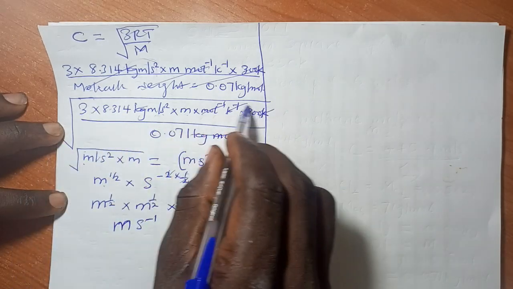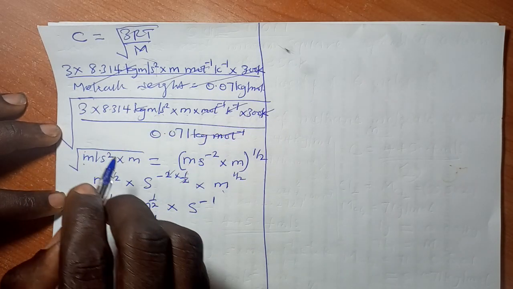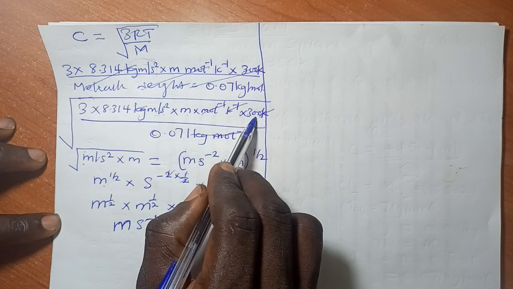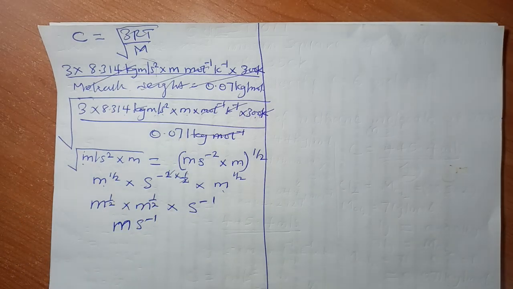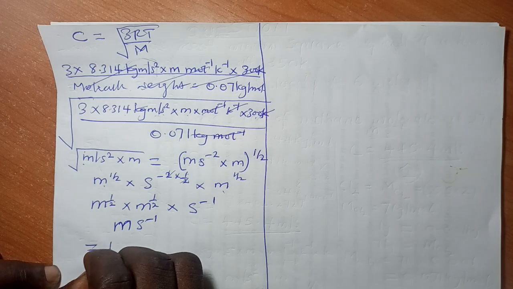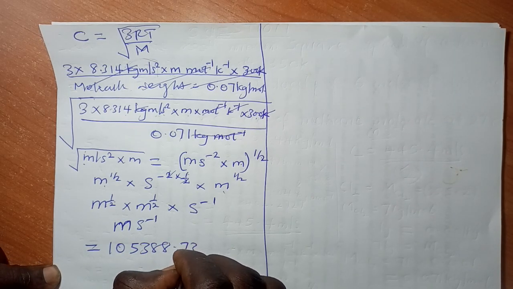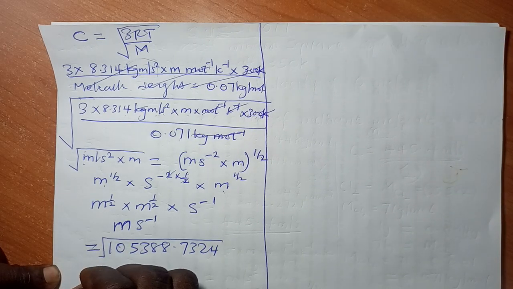So if you now manipulate this in your calculator, that is 3 times 8.314 times 300 then divided by this, what will it give you? You will be having 105,388.7324 in the square root.